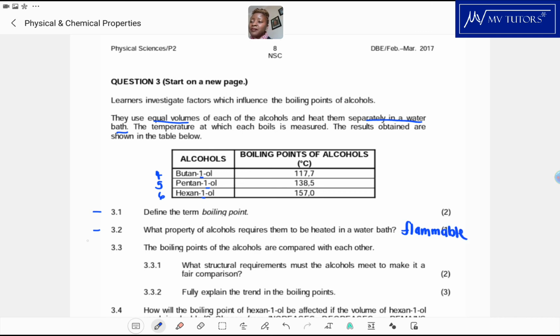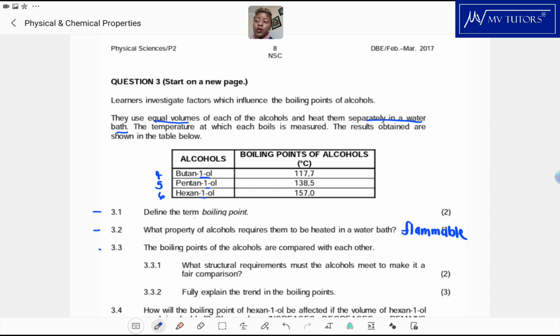Okay, and then 3.3, the boiling points of alcohols are compared with each other. Okay, what structural requirements must the alcohols meet to make it a fair comparison? Okay, I had mentioned it before. So here you have primary alcohols.